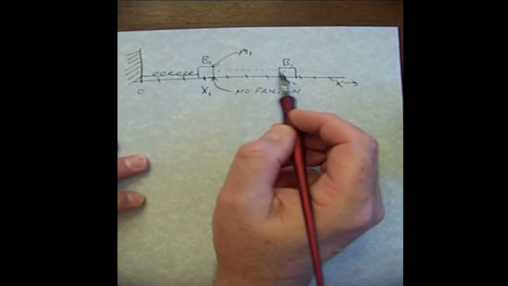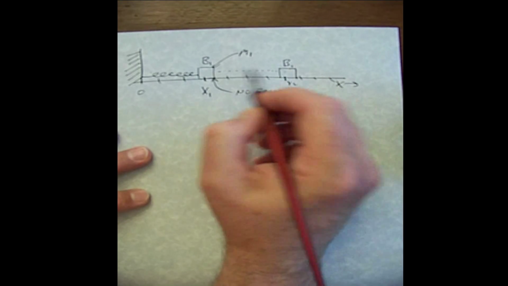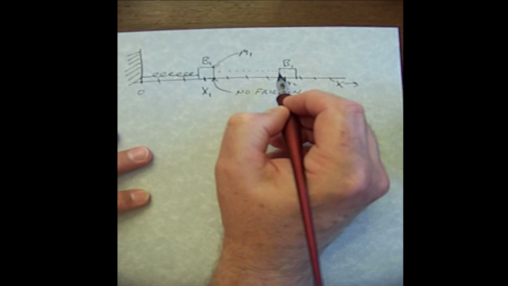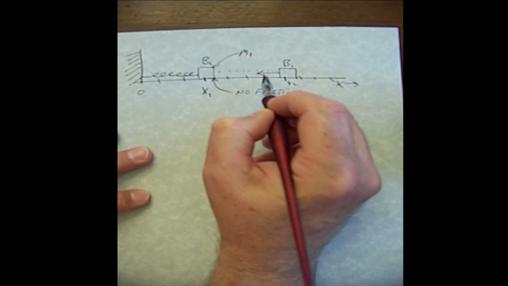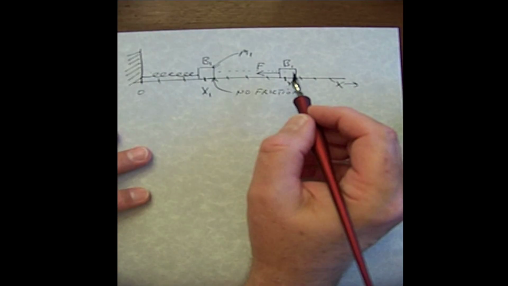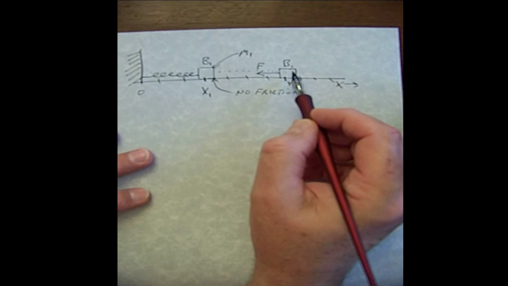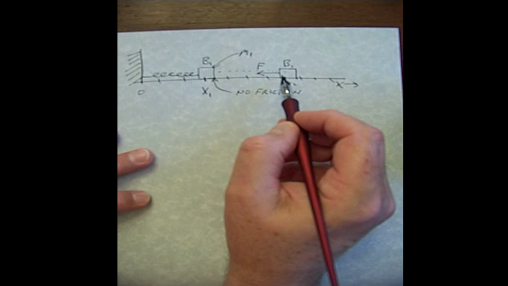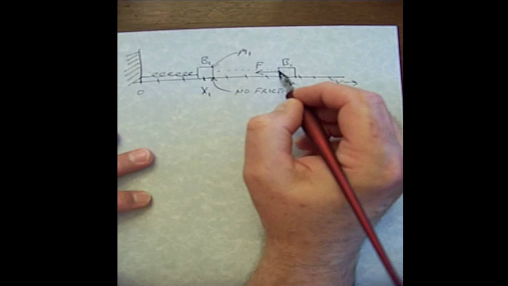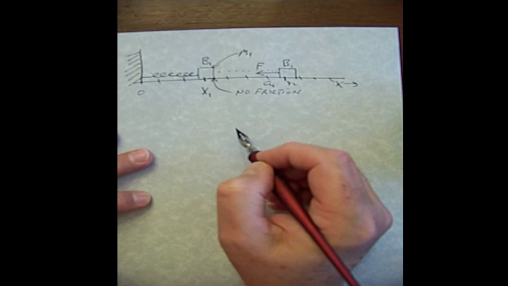When you pull a spring, it pulls back on you. So when I pull B1 over to here, I now find that there is a force, I'll just call that F, exerted on B1. And if I was to let go of my body, B1, it's going to fly back this direction with some acceleration. I'm going to call that acceleration A1.